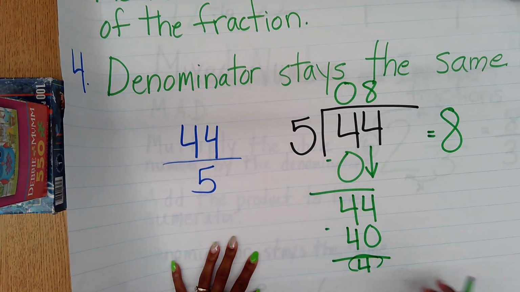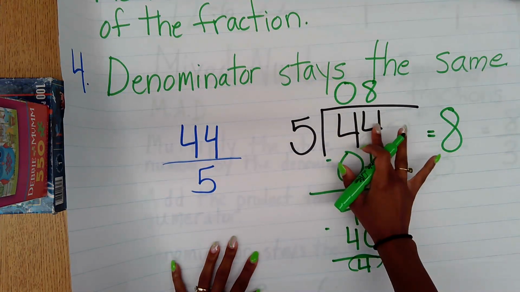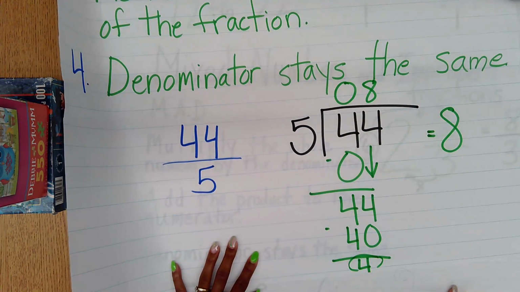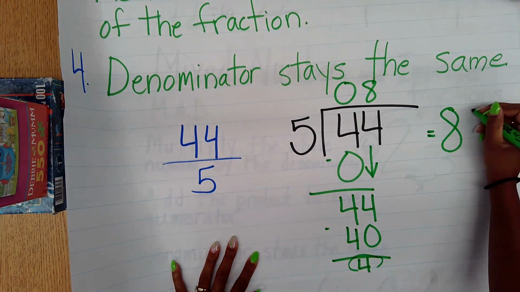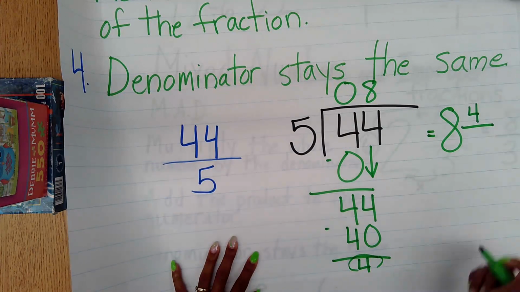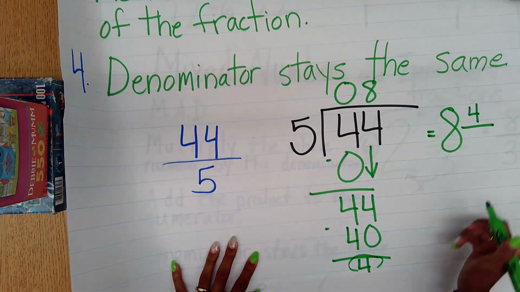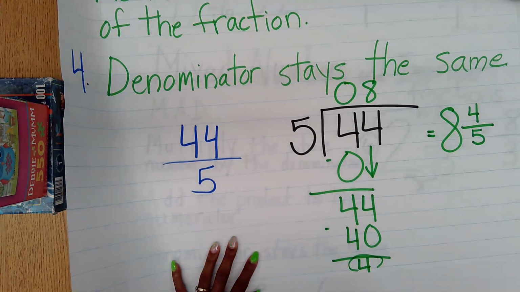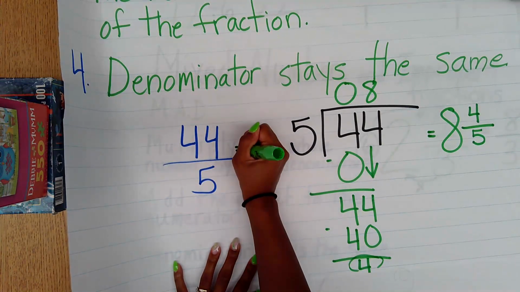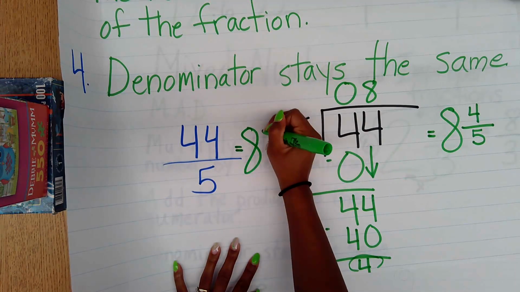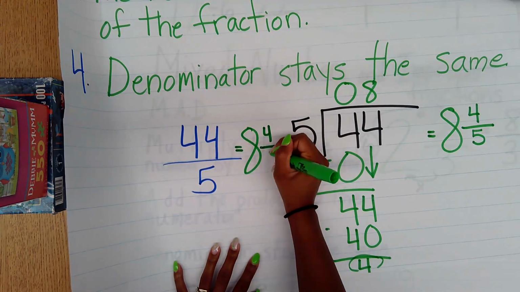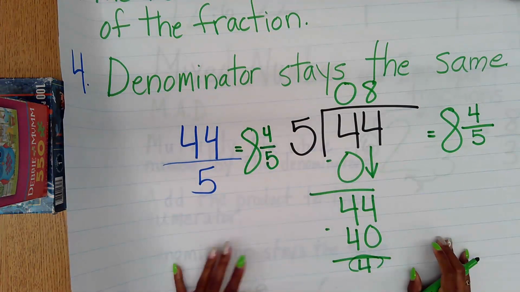My remainder is what is left to get to this 44. So my remainder becomes the new numerator of my fraction. So I'm going to put my 4 on top, and then my denominator is going to stay the same. So 44 fifths is also equivalent to 8 and 4 fifths.